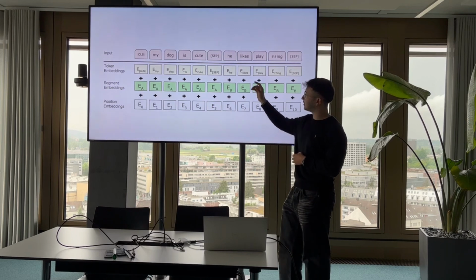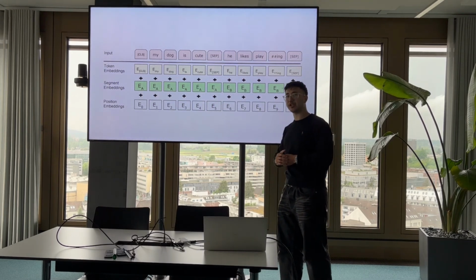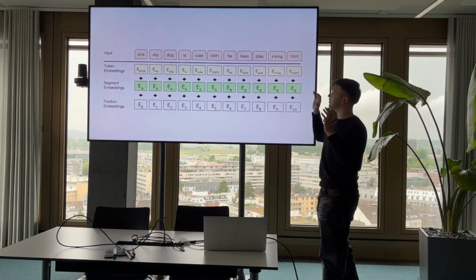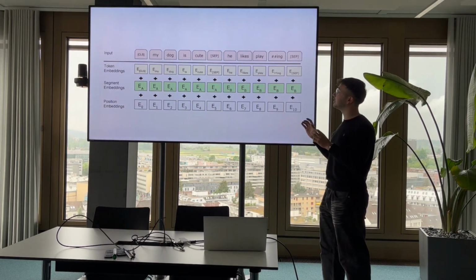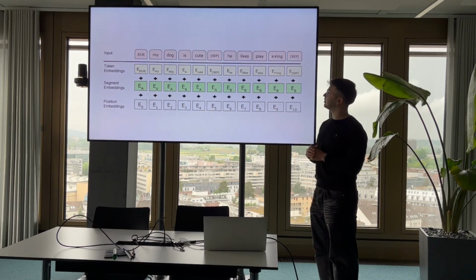And the important question is, why is it prepended before the input? Because it can look at the whole sentence. So it captures the whole context, or the whole meaning, of the sentence, and that's why it is prepended, exactly.